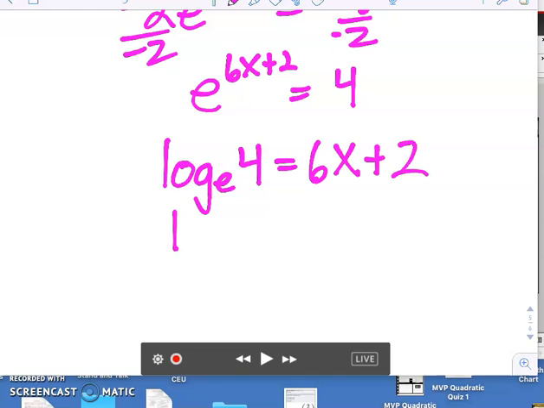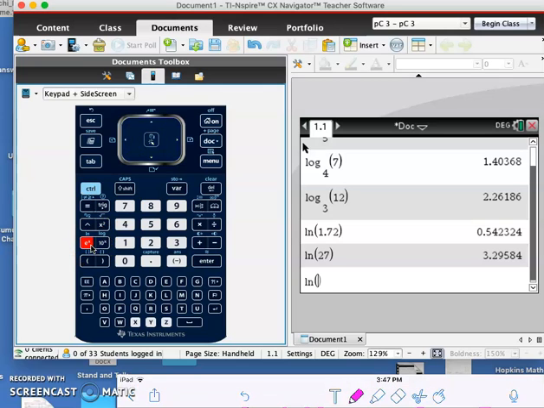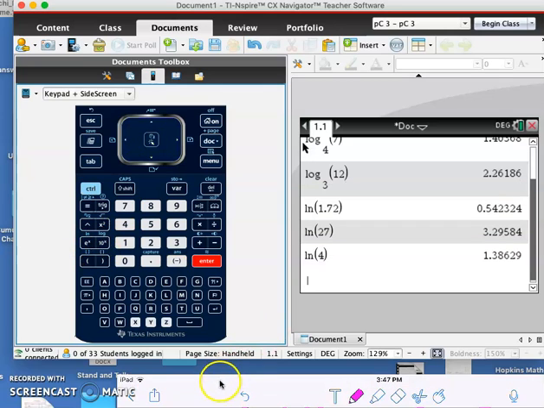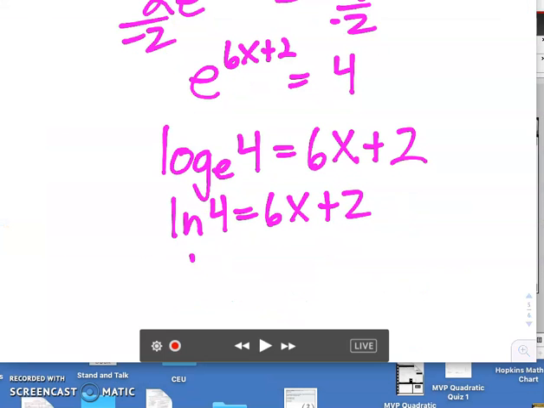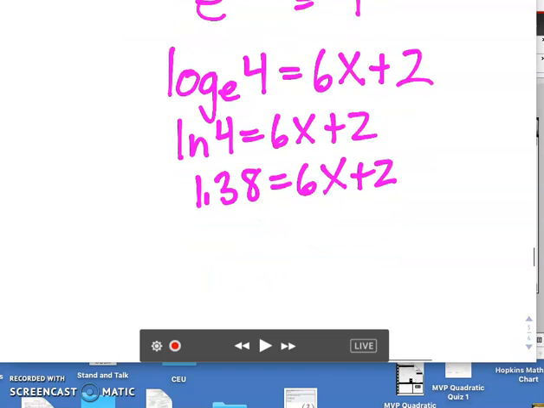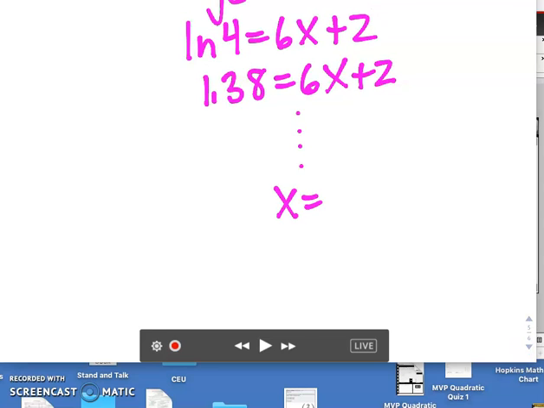Log base e of 4, so the natural log of 4 equals 6x plus 2. Jump back here. Natural log of 4, 1.38. And then I'm going to leave this one for you guys to solve. It's a linear one, so you could solve and see what x is.